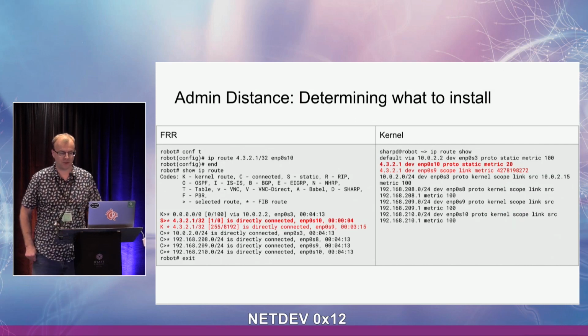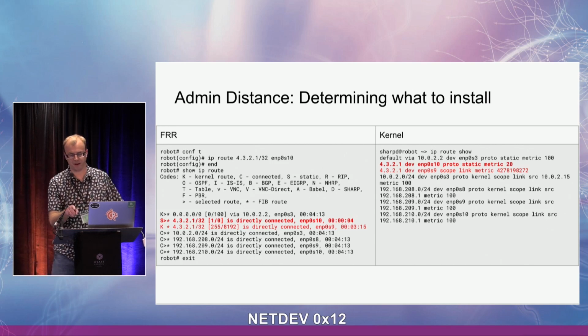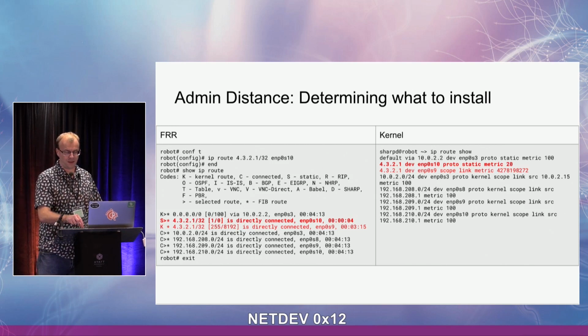All right, so how do I determine what to install? This is just an example slide. I wanted to show a kernel route, the K there on the left-hand side. The 4.3.2.1/32 route is a kernel route, and the parenthesis 255/8192 is the admin distance and metric.